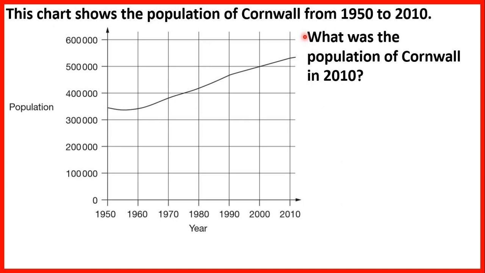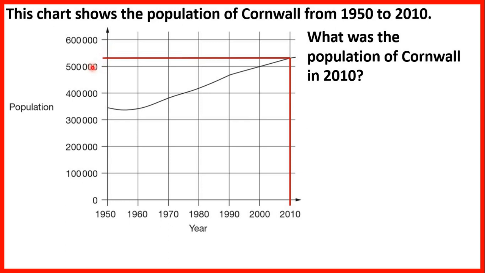Now, what was the population of Cornwall in 2010? So here we need to look up from 2010 and then we can draw a line across. We can see that our line is between 500,000 and 600,000, but this time the line is not right in the middle.